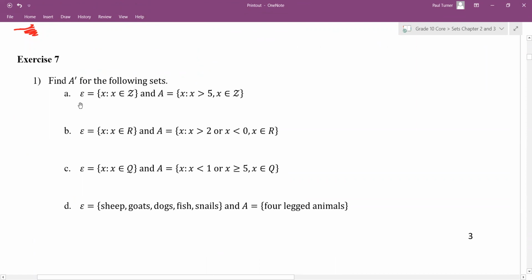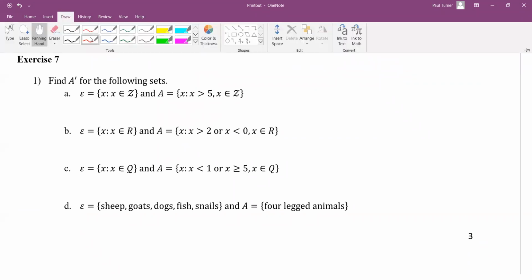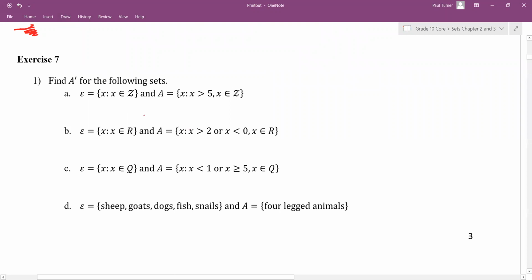Okay, so I'll help you with the first one, then you see if you can do the others. Maybe a number line will help here when you do these. When you get your worksheet, it'll follow similarly to these questions. Here's your universe. These are all the integers, positive and negative. So you could draw that like that.